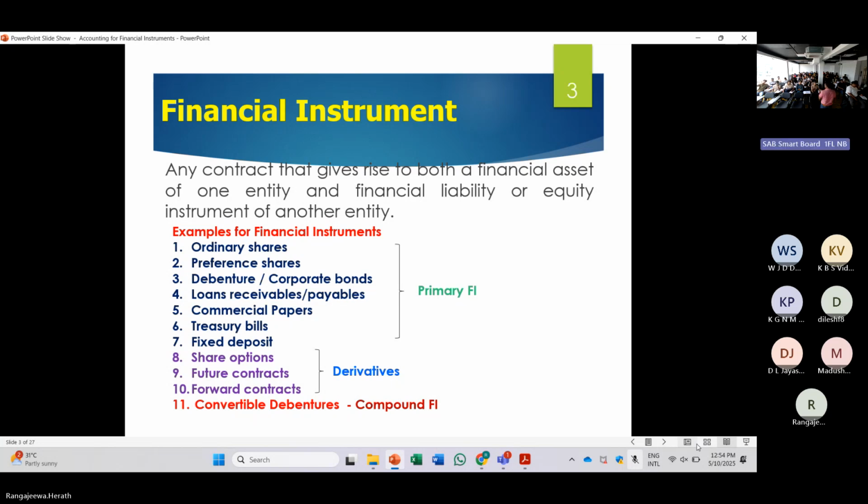Now we have a 5% investment, not even an associate, right? But your intention is to someday get control. So you are not keeping it for trading purposes. Then we classify them as financial asset at fair value through other comprehensive income.